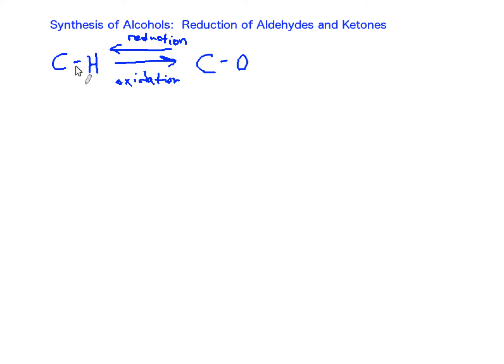So the more carbon-hydrogen bonds we have, the more reduced we are. The more carbon-oxygen bonds we have, the more oxidized we are. And again, remember, we're thinking about electron density around the carbon chain. You can imagine hydrogens might push electron density onto the carbons, reducing it. Oxygens and other electronegative atoms would remove electron density from the carbon, oxidizing it.